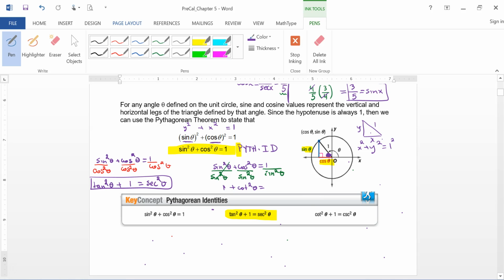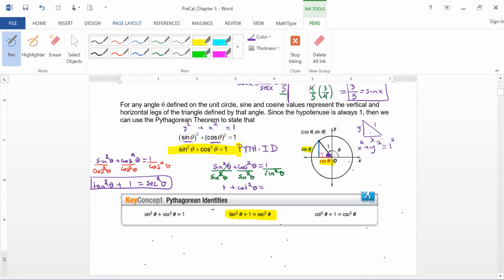Try it out. Because this is the negative of that. What's secant squared x minus 1? Tangent squared. But this is the negative, so it's negative tangent squared. Okay? So this is negative tangent squared x. Now, is this simplified? Oh no. What's secant equal to? 1 over cosine.